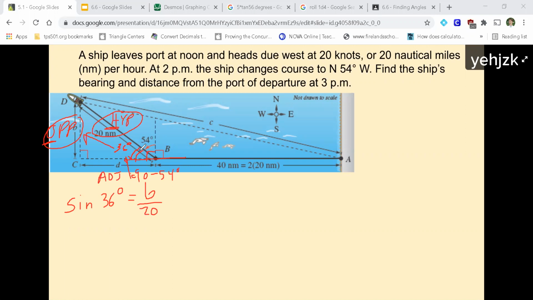Solve this for B by multiplying by 20. So B will be 20 times the sine of 36 degrees. Type that into the old calculator, and we get 11.756 nautical miles.